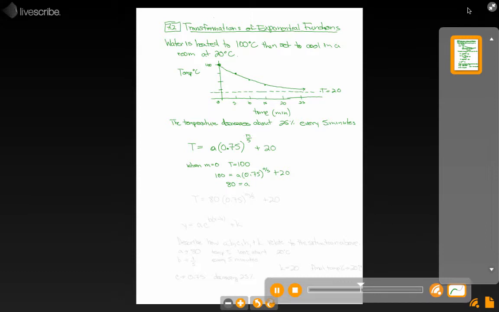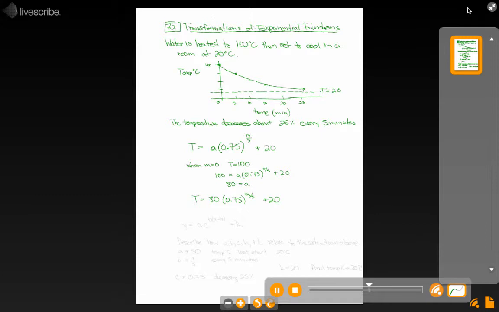So the equation that models this the best, given what we're given in this question, is 80 times 0.75 to the m over 5 plus 20. If this were an exam question, I would make sure the model is a little bit better fit, but this does work for an example.